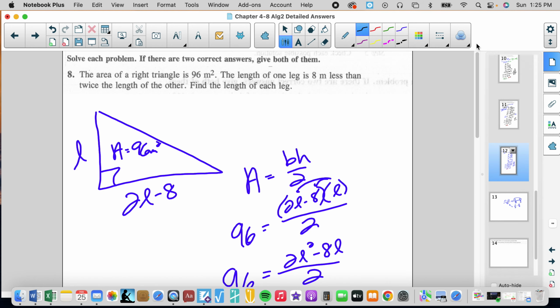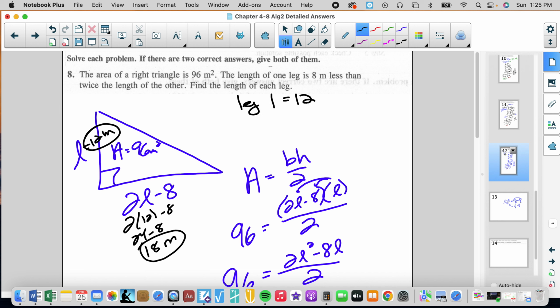So if my length equals 12, then 2 times 12 minus 8 is 24 minus 8 is 18. So 18 meters and 12 meters should be the correct length of each leg. Leg 1 equals 12 meters. Leg 2 equals 18 meters.